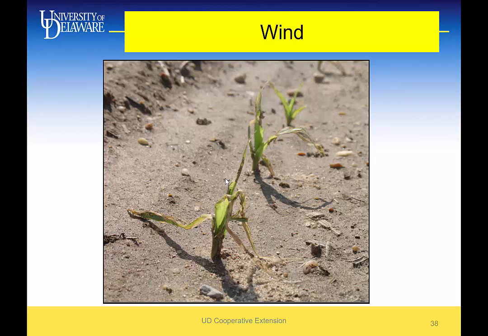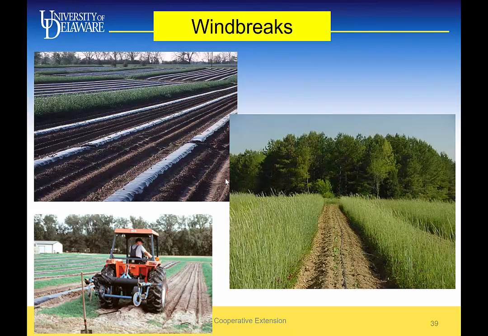Wind damage, we get kind of a sandblasting effect on the Eastern Shore and down in Delaware on the sandy soil. So you can see this where it actually almost cuts off plants in windstorms. That's why we need cover, we need windbreaks. We'd like to do more plantings where we're using cover.